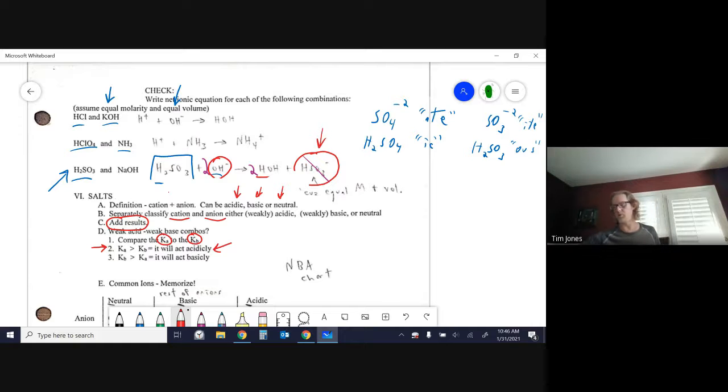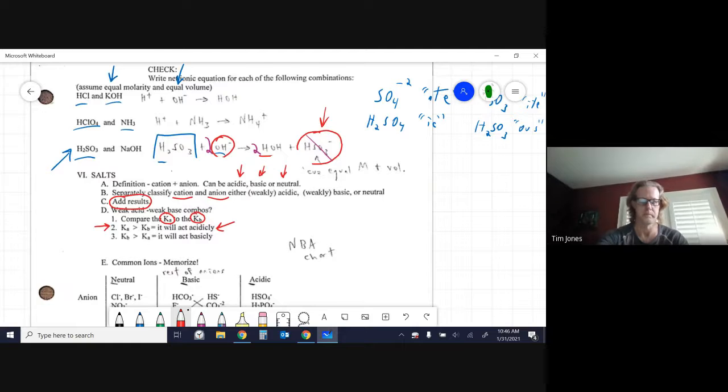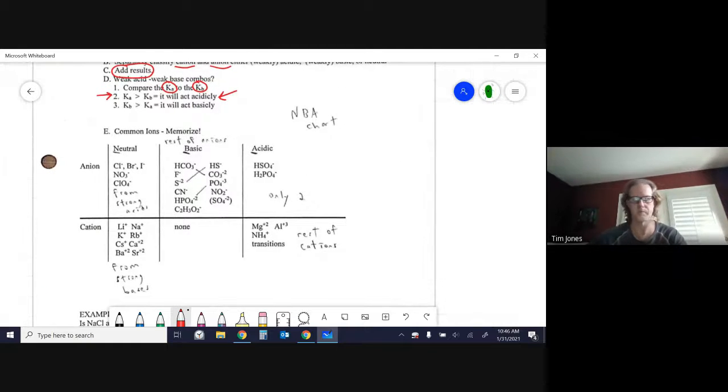Now, the best way to learn this is what I call the NBA chart. So this is your memorizing task of this unit. Last unit, it was the precipitate rules. Now it's the NBA chart.